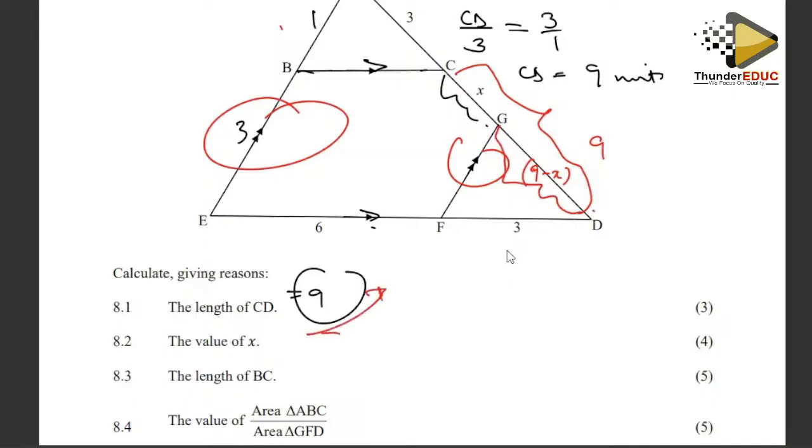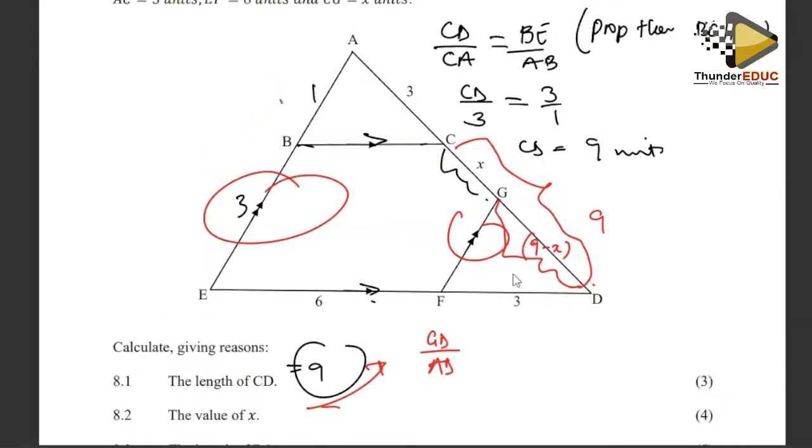So we still use the same proportionality theorem. So we're going to say if we have GD divided by the total distance, which is AD, this should give us the same as DF over the entire distance, which is ED.